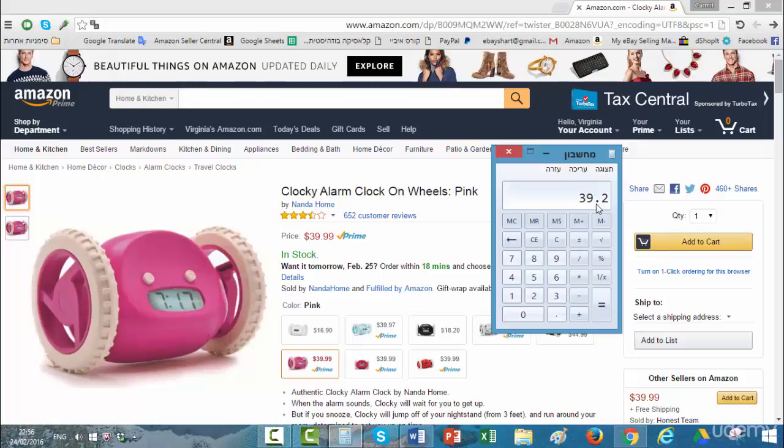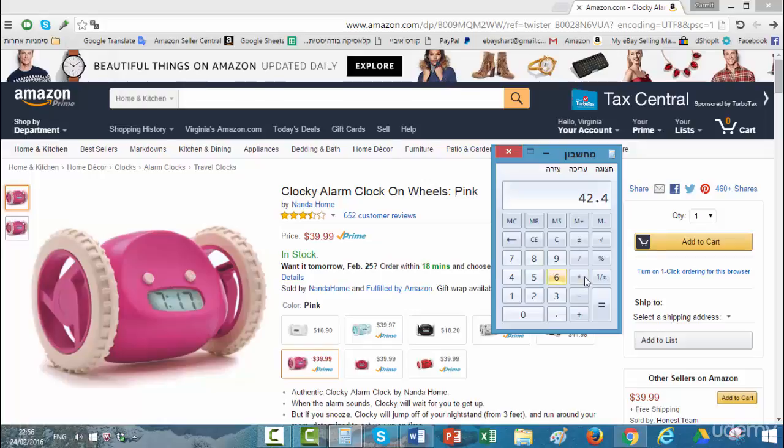So if I'll be left with $39.20, that means I'll be losing money, right? So I need to up the price a little bit. So maybe sell it for, let's say, $52, maybe 53 even. We'll take $53 and multiply it by 0.80, okay? And we are left in our hand with $42.40.